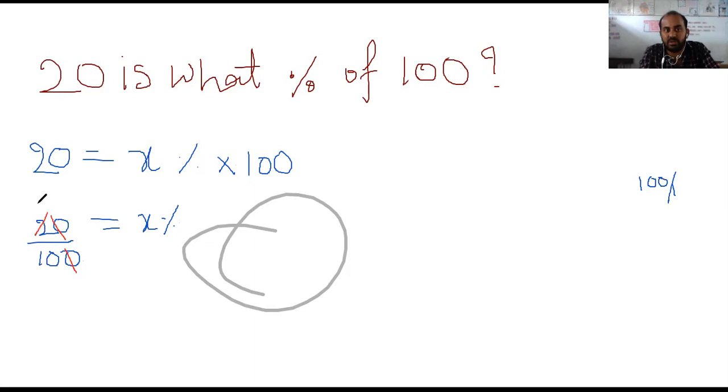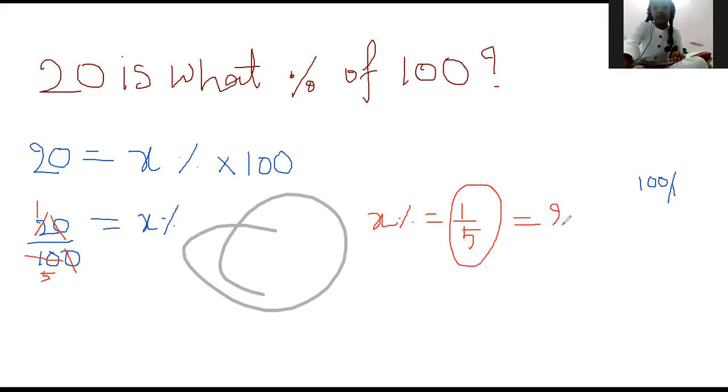So in the 2 table, 2 ones are 2, 2 fives are 10. Then X percentage is equal to 1 by 5. In the important percentage values that I told you in the last class, what is the value of 1 by 5 in terms of percentage? 20. Very good. 1 by 5 is equal to 20%.